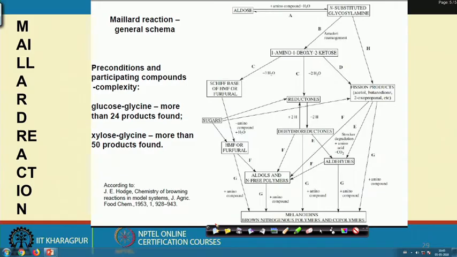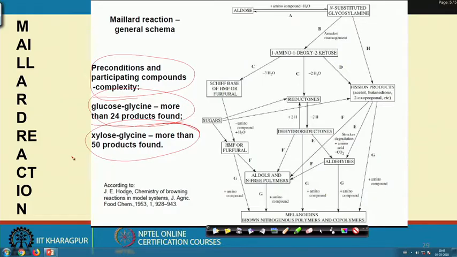So preconditioning and participating compounds and the complexity are like this. Glucose glycine, more than 24 products could be found. Xylose glycine, more than 50 products also could be found, like that.